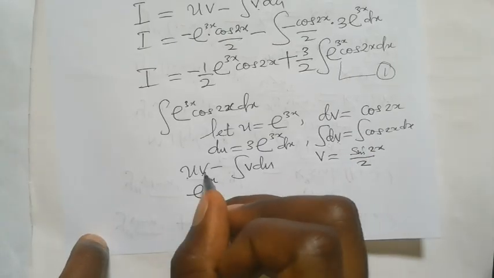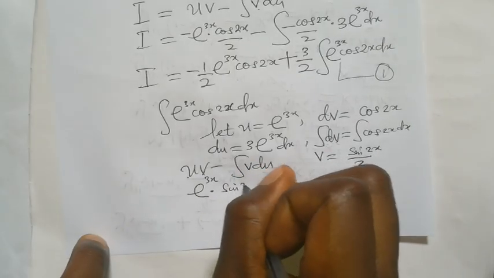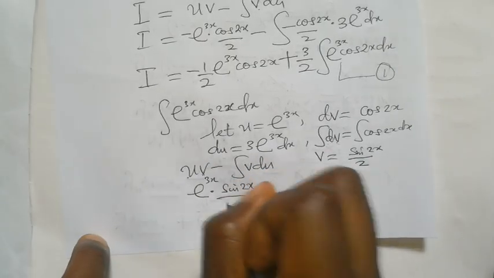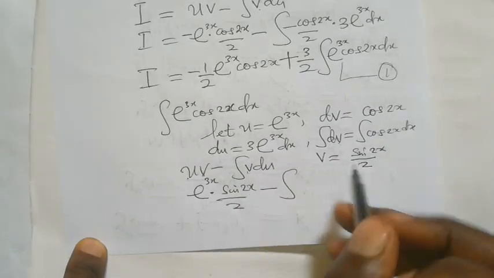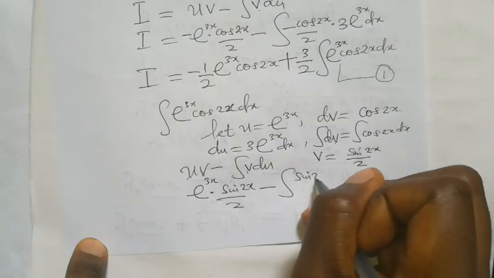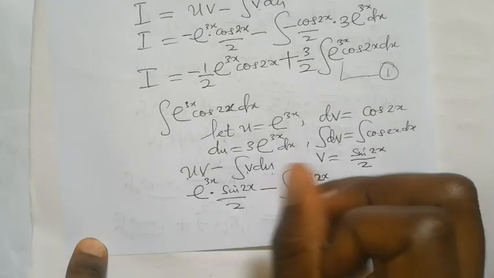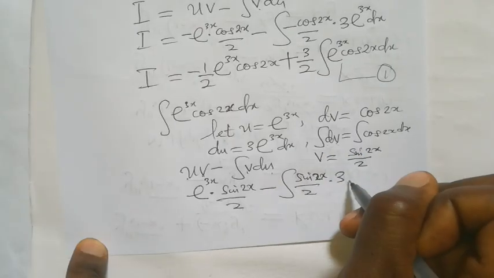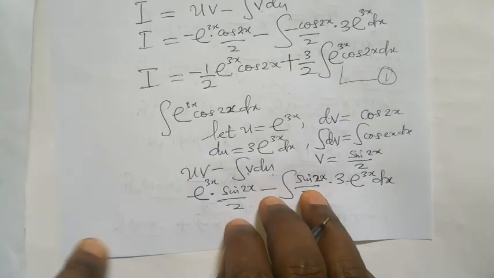So the integral, so my v now is what? Sine 2x all over 2 minus integral. So my v now is going to be sine 2x all over 2, and my du is now what? 3e to the power of 3x dx.